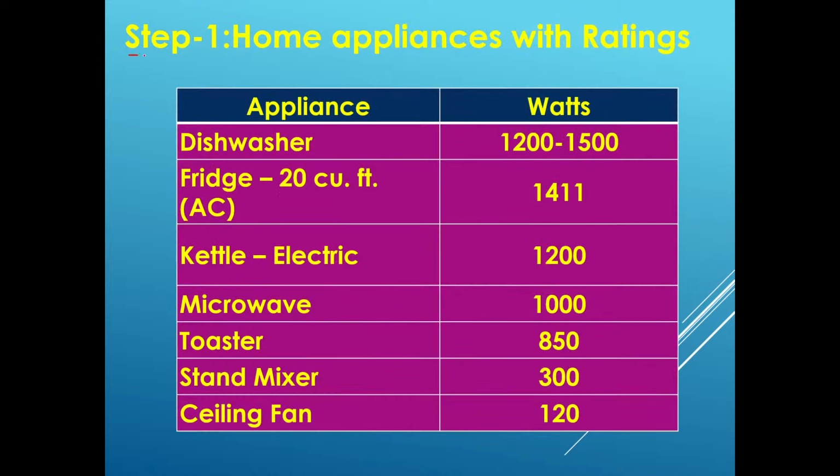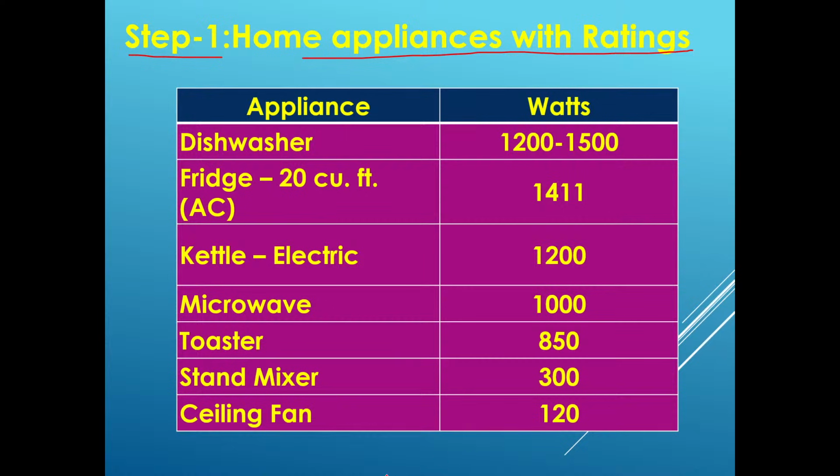So let us see step 1, home appliances with ratings. These are the household appliances and their ratings in watts. You can find these ratings on the sticker that is pasted usually in front or back, somewhere on the electrical appliance that you buy. A small sticker on which the ratings are provided. So you can note down those ratings.